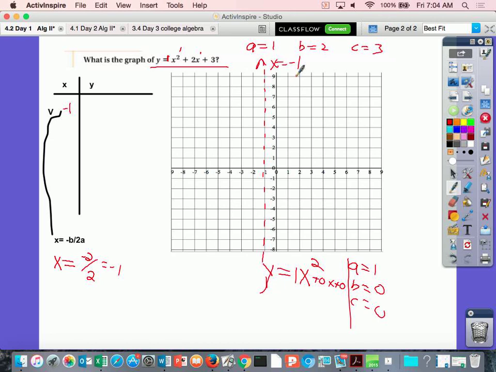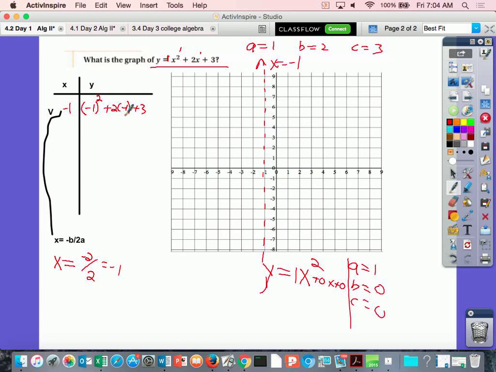So let's find the y value by plugging this into the function. So, real important, you have to put this value in brackets, otherwise we're going to have some issues with our arithmetic. Okay?